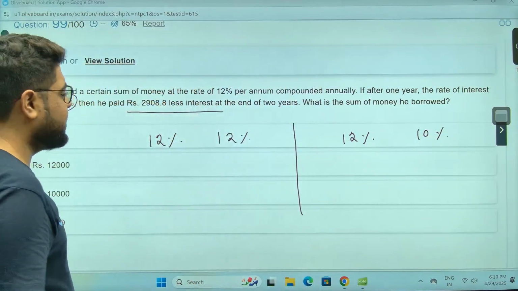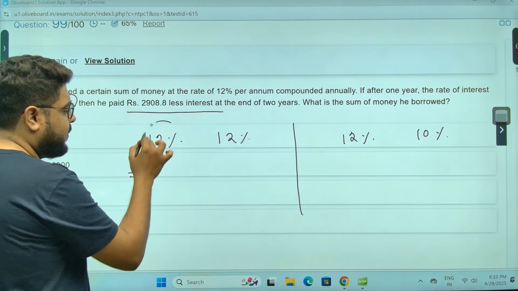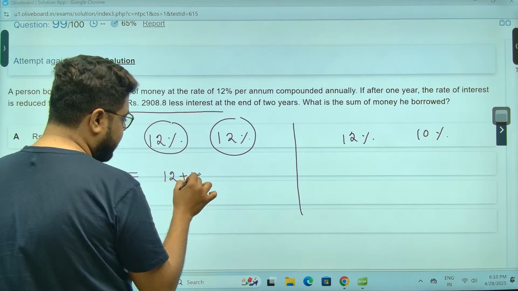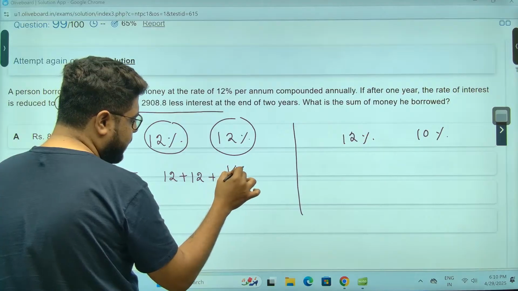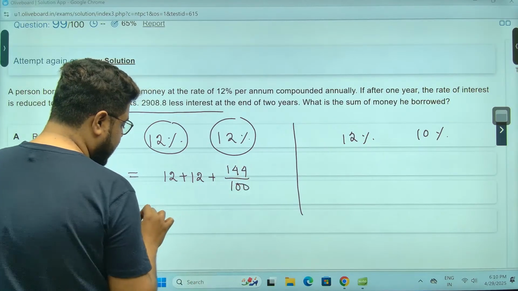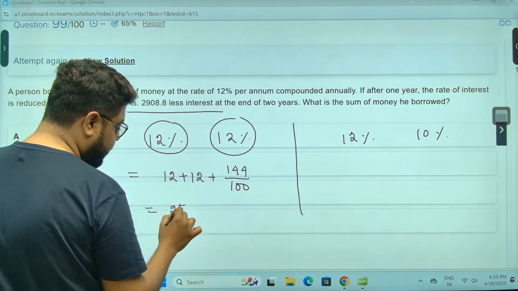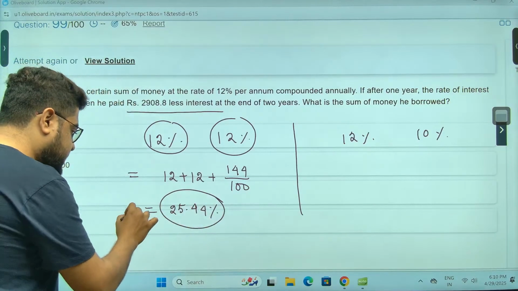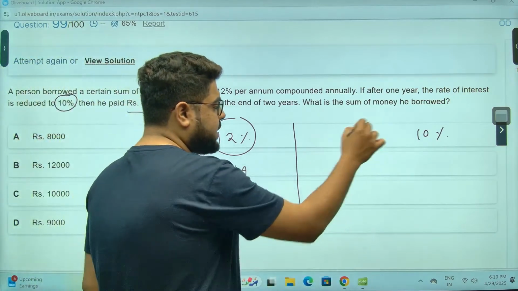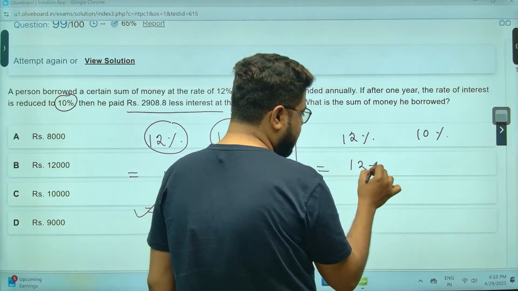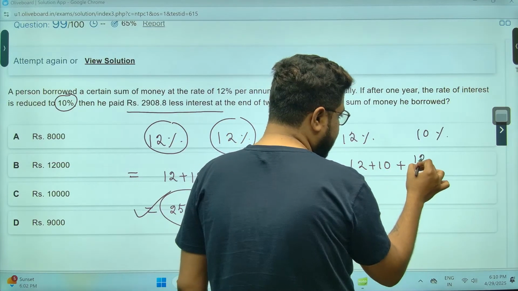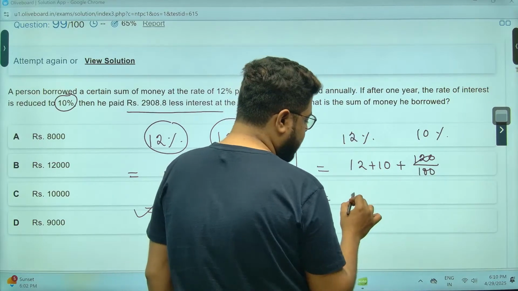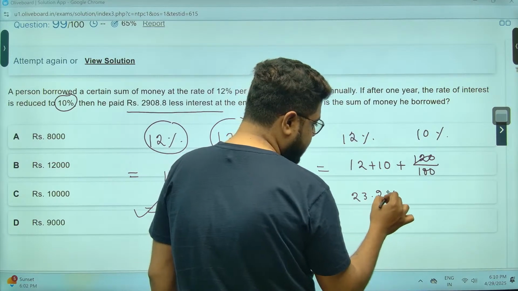Use the AB theorem. What will be the effective compound interest rate for this? 12 plus 12 plus 12 into 12 by 100, that is 24 and 1.44, 25.44%. That much interest he would have gotten. Now if it was 12% then 10%, then 12 plus 10 is 22 and 1.2, so 23.2%.